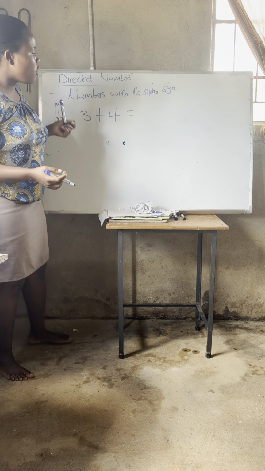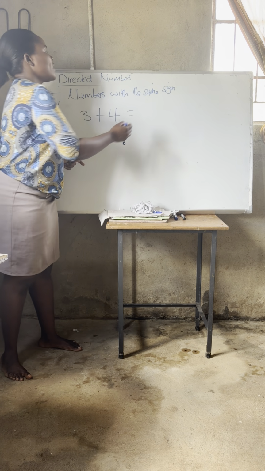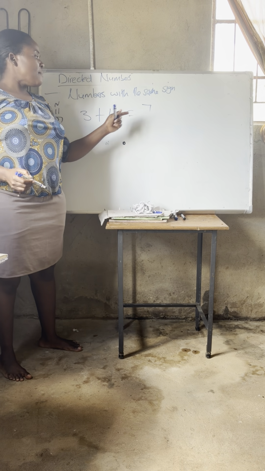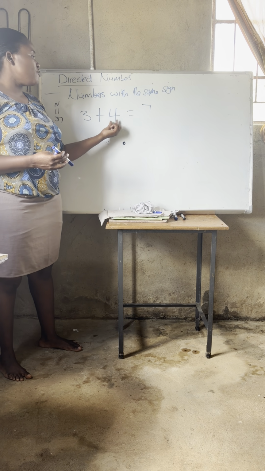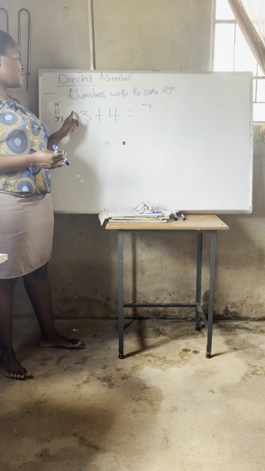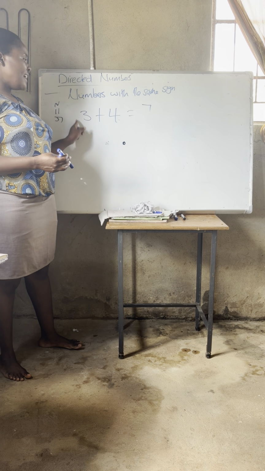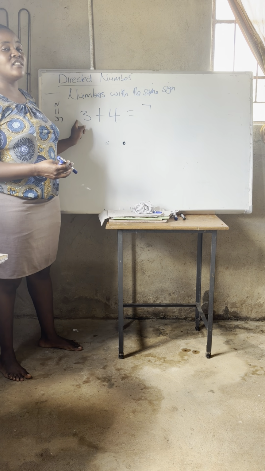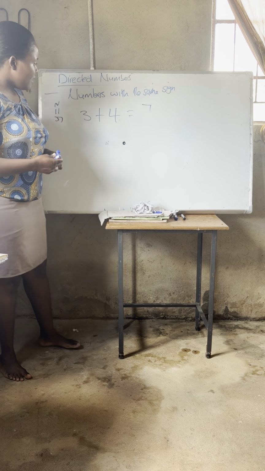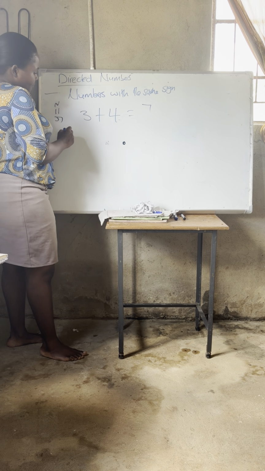From primary level, we know that 3 plus 4 is 7. These numbers have the same sign because 4 is positive, and 3, if there is nothing written, is also positive.